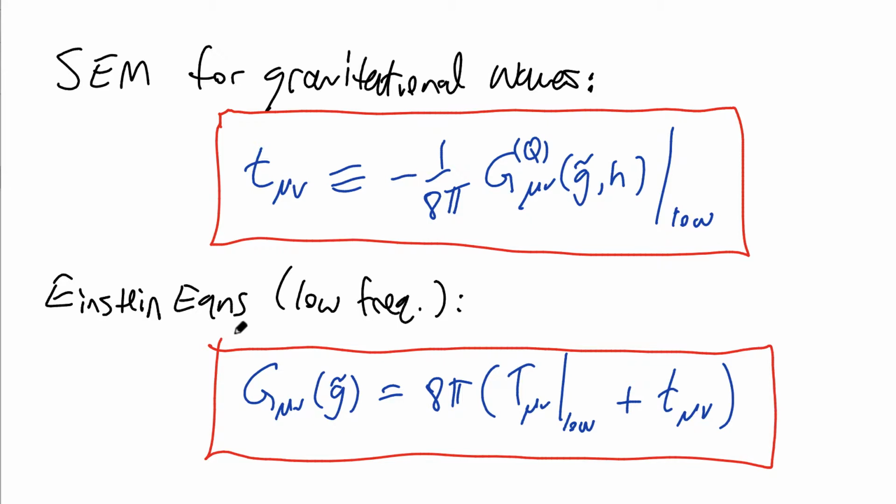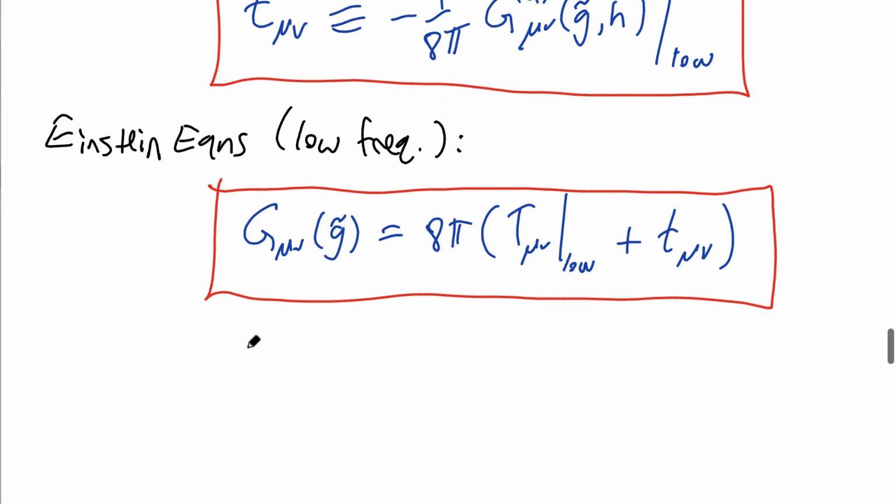Now recall that the Einstein tensor for any metric always satisfies the contracted Bianchi identity.